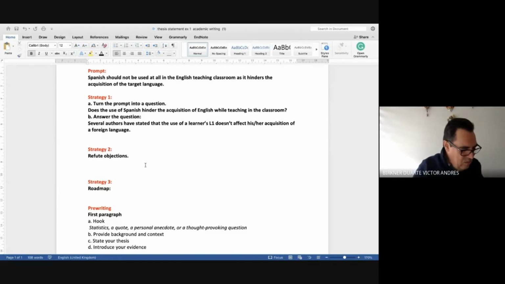For the sake of time, I will write my notes, the answer that I prepared: while some scholars, meaning some researchers, an alternative name for researchers, agree that L1, I write L1 instead of mother tongue, should be banned in the classroom.